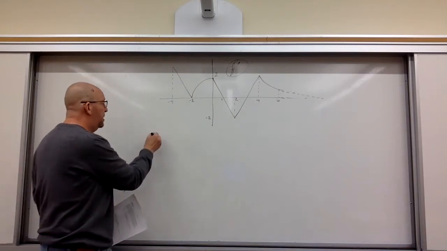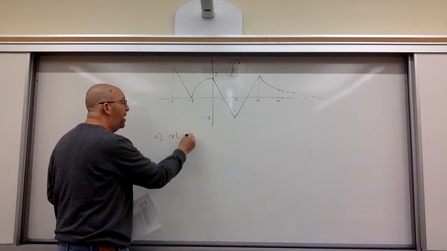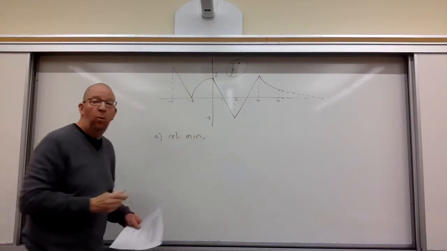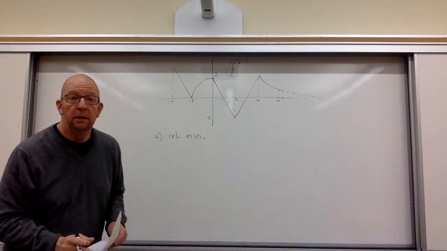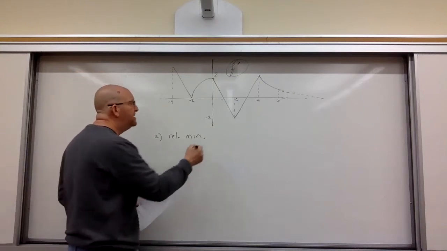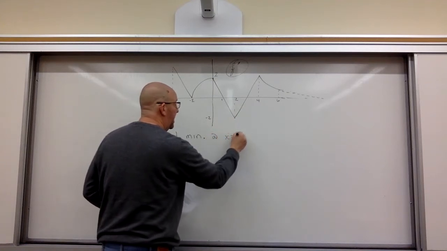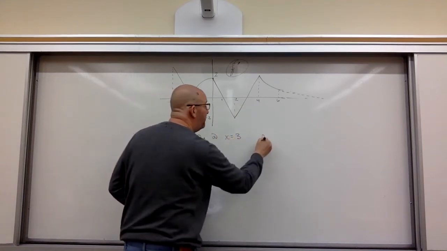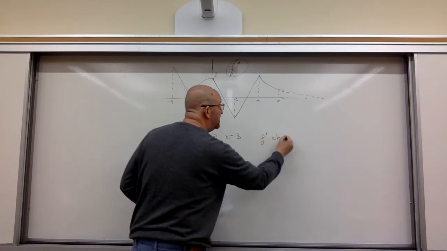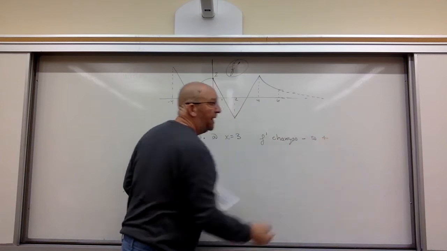Relative min occurs when f prime changes what? That's right, negative to positive. And that's happening at x equals 3, because f prime changes negative to positive.